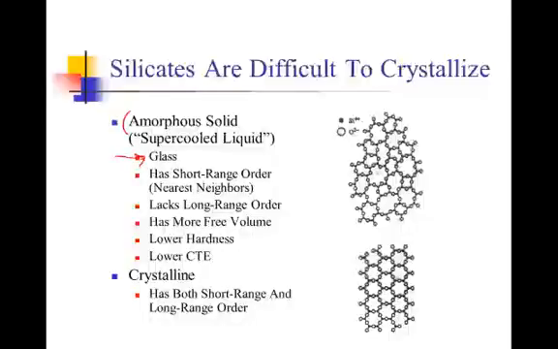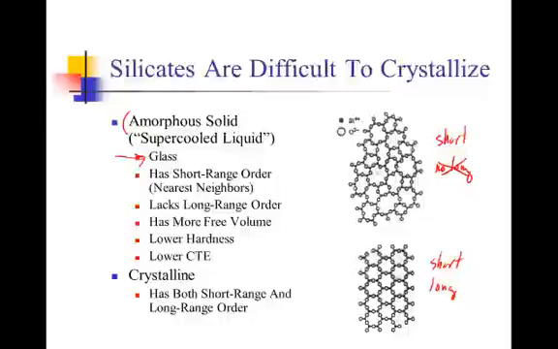The difference is that if you look at the structure here, the glass has a short range order, and the crystalline structure also has a short range order. The crystalline structure has a long range order, but there is no long range order in the glass or amorphous material.